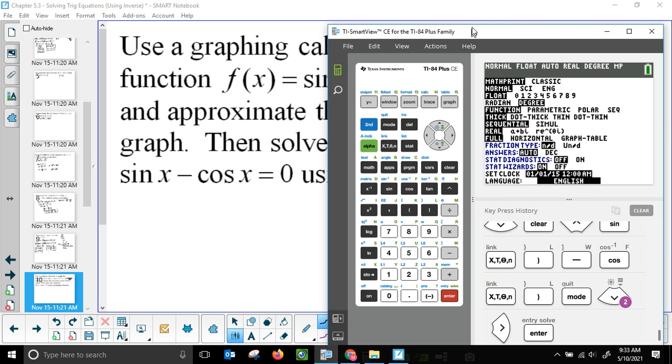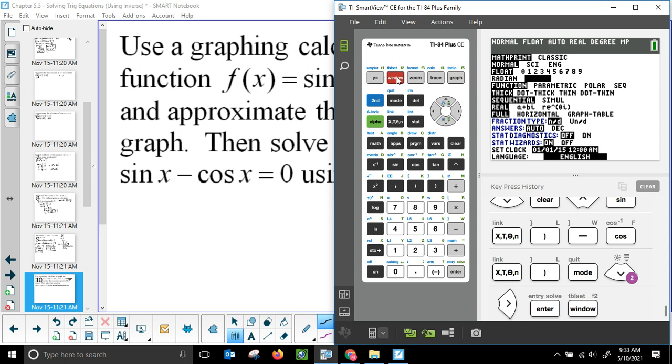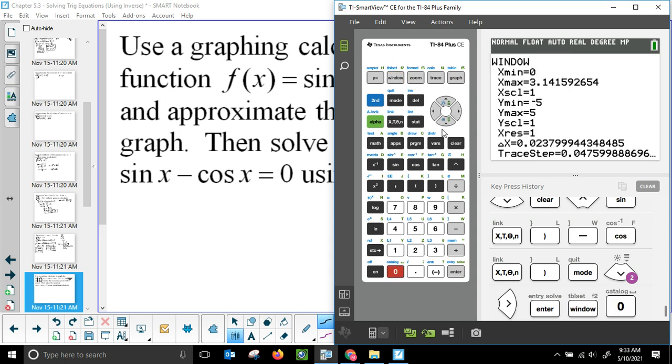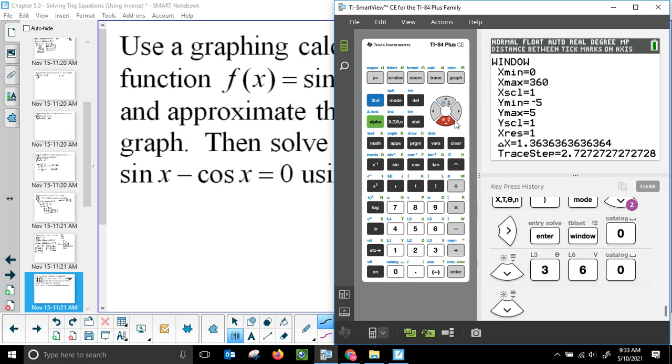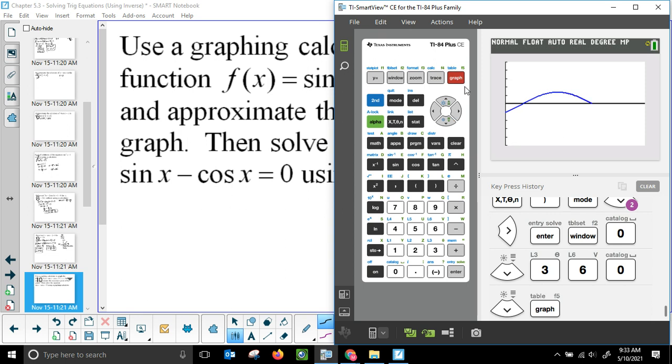And it says between 0 and 360. So my window, my x min is going to be 0. My x max is going to be 360. Not really sure what the max and min are going to be, so we can just leave it there for the time being. So that easily has our max in there.